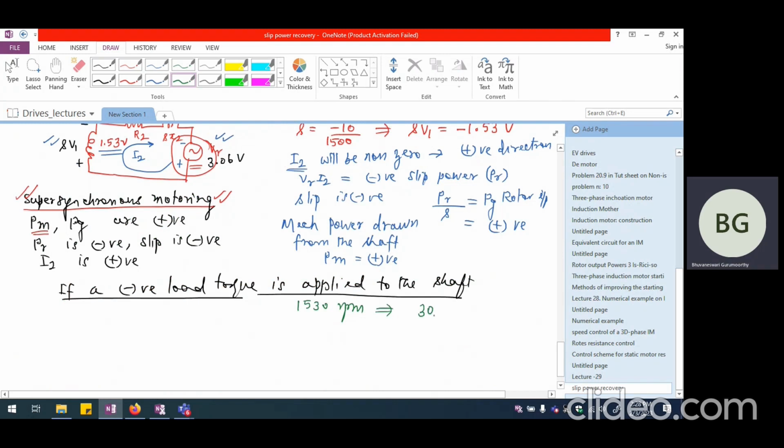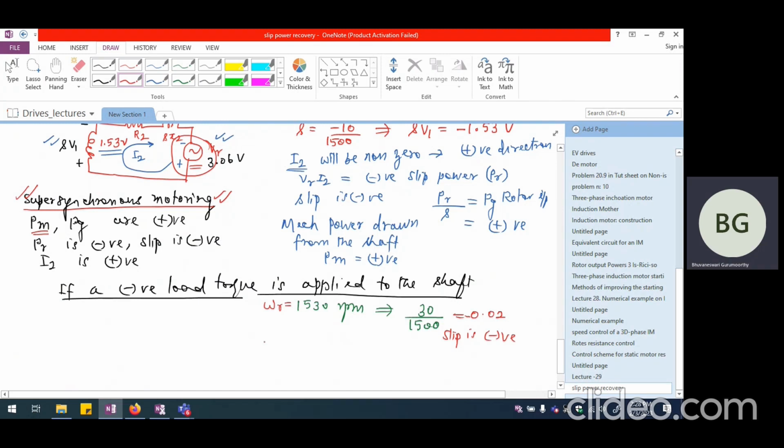So we are going to have 30 divided by 1500 as the slip. So that is 0.02, but this is going to be a negative slip. Omega R is 1530 RPM. So the slip is negative.